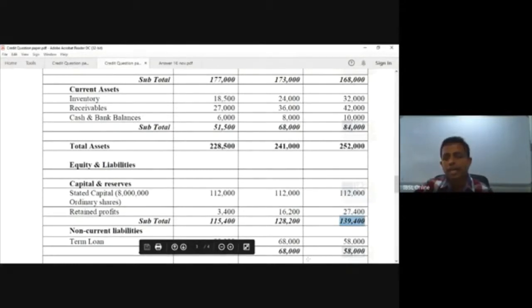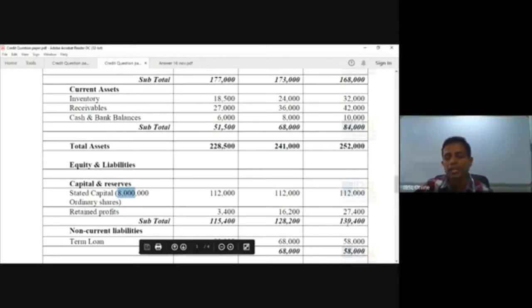You divide 139,400 by 8,000. Here also you have to take it in 1,000s, right? 8,000 in terms of 1,000 shares. 139,400 divided by 8,000. Don't divide by 8 and 6 zeros. You have to take this 8,000 only, because this figure is also in 1,000 terms.